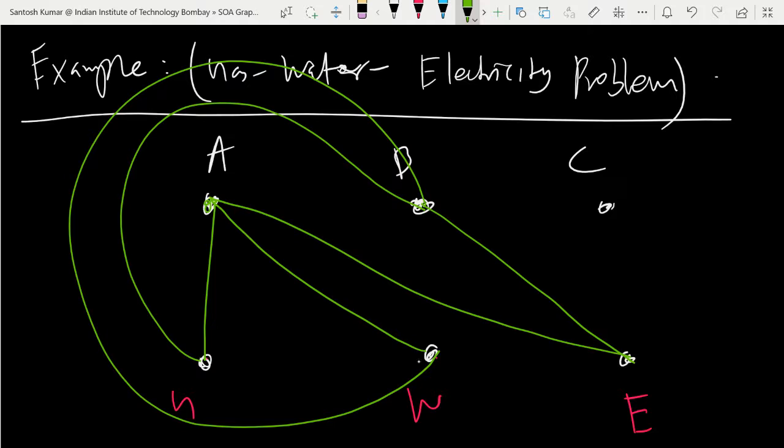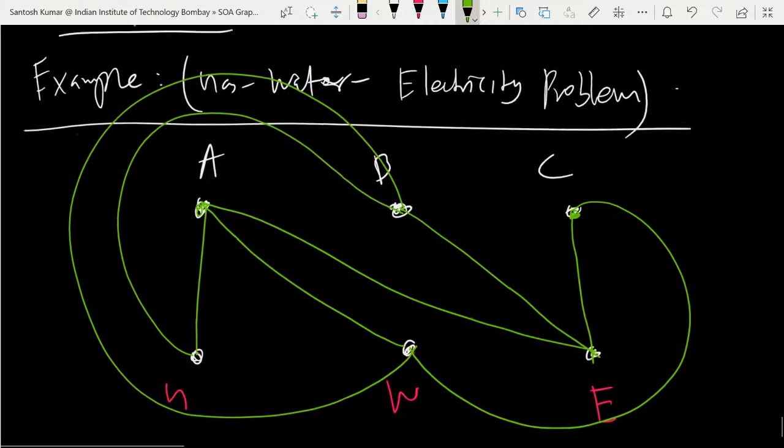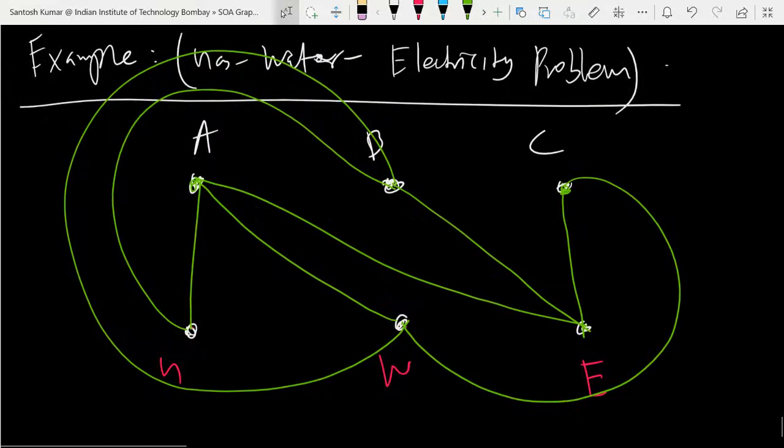Now you come to C. For C you can provide electricity in this way. Now the question is how will you provide the others? C you can easily provide water. The problem is how will you provide C the gas connection without crossing an edge? It is not possible, sir.